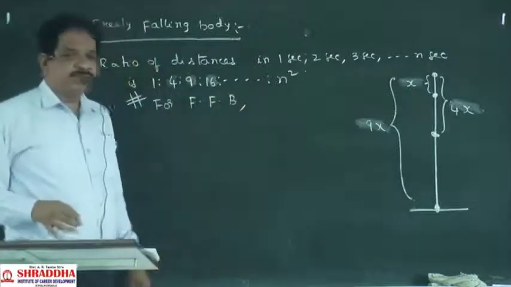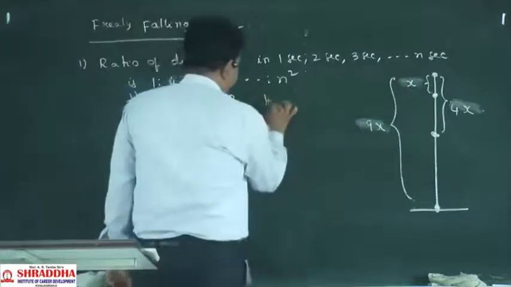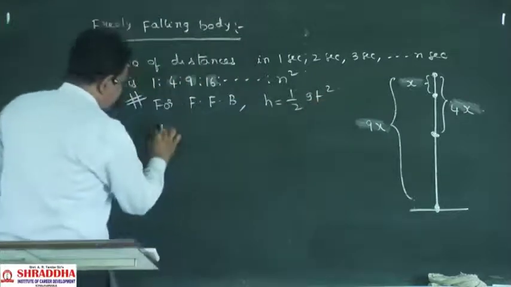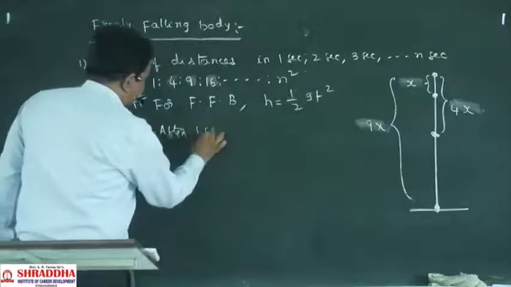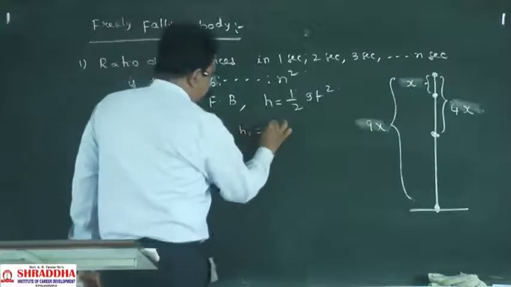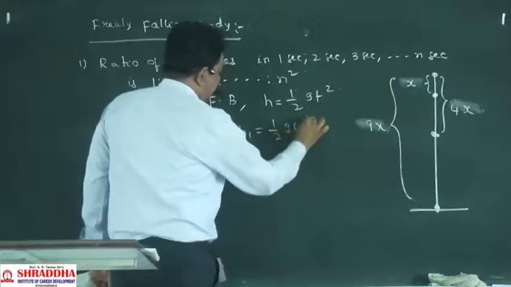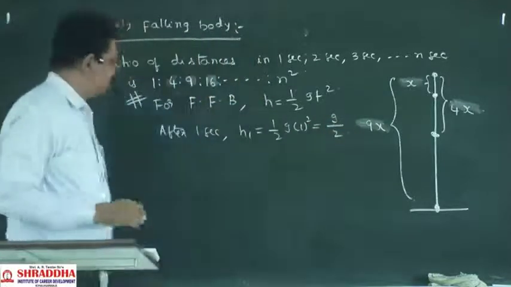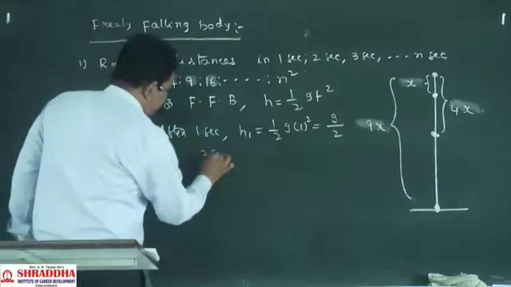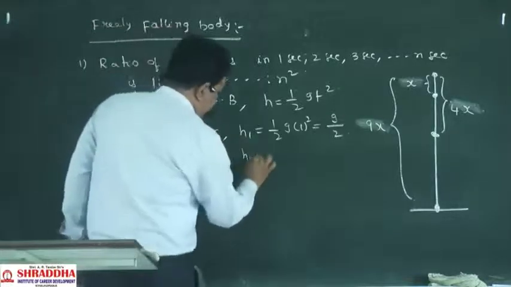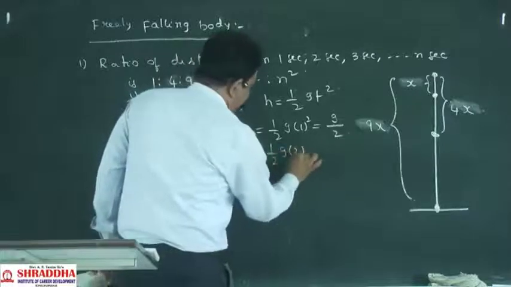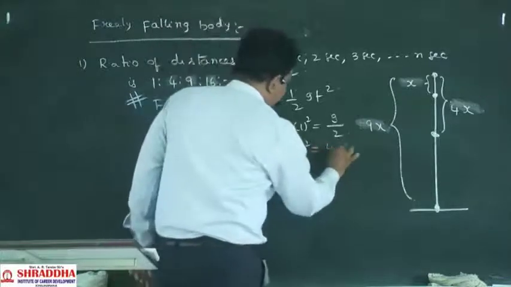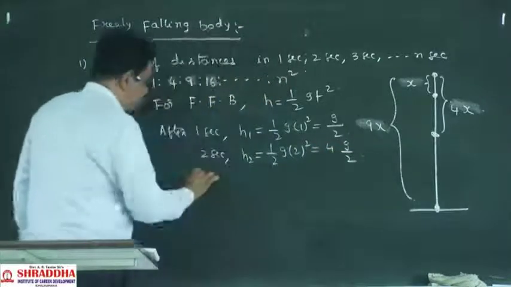For a freely falling body, h is equal to half gt square. So after 1 second, h1 is equal to 1 by 2 g into 1 square, that is g by 2. After 2 seconds, h2 is equal to 1 by 2 g into 2 square, 4 into g by 2.